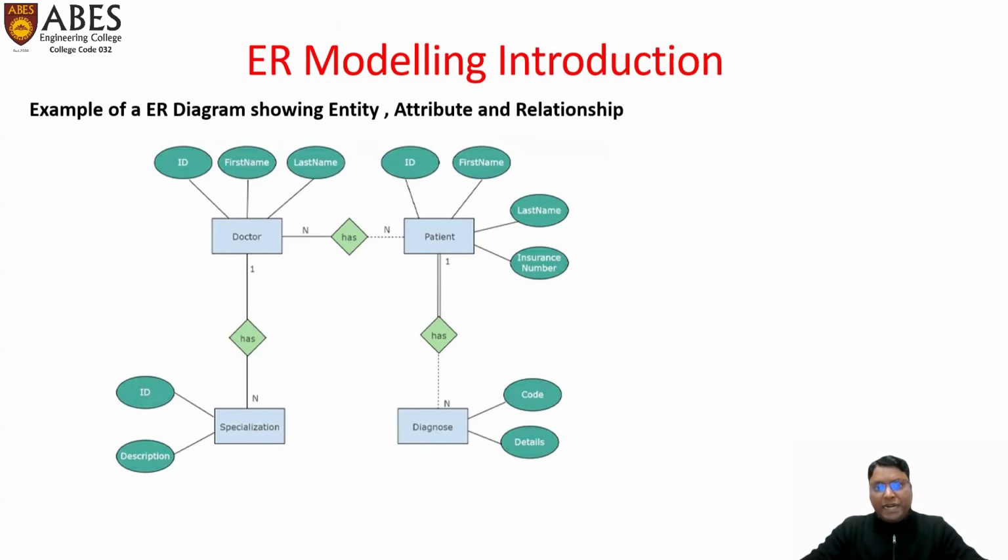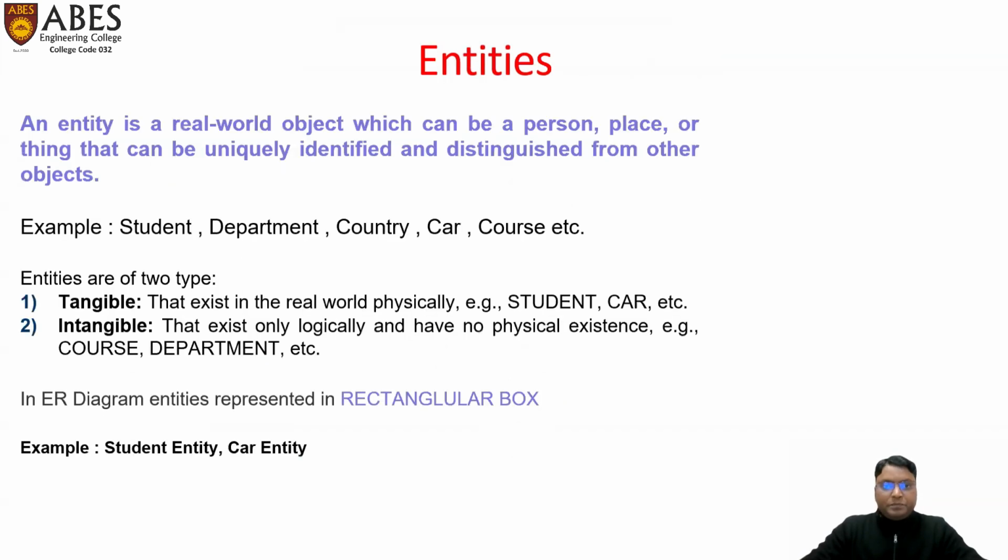Similarly, patient has four attributes: number one, ID, first name, last name, insurance number. Diagnose has two attributes and specialization of doctor has two attributes. Doctor and patient are connected through a relationship has. So this diagram shows entity, attribute, and relationship between the entities.